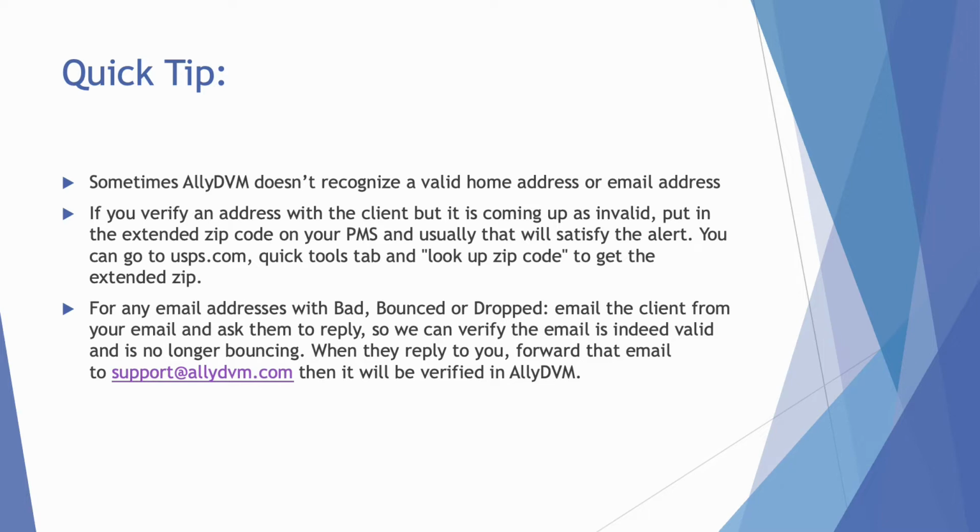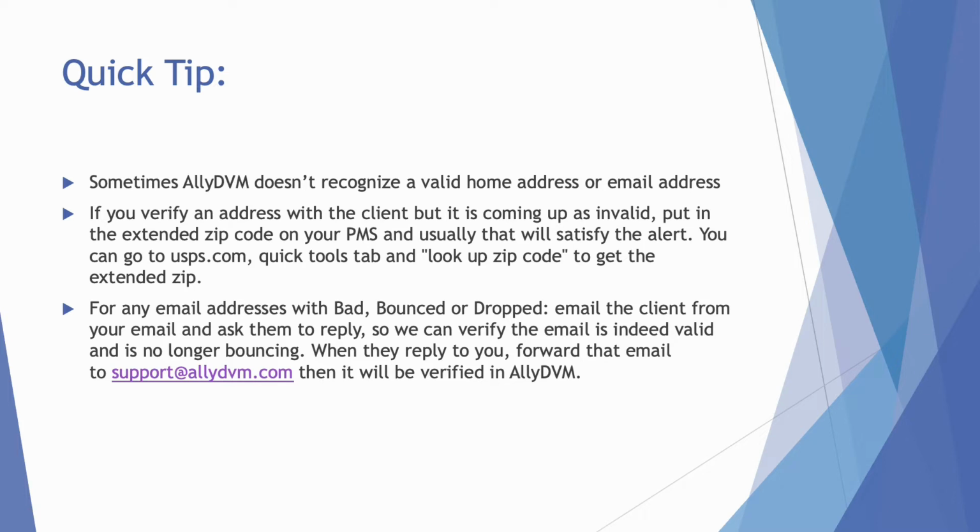So what you can do, if you verify an address with the client but it continues to show as invalid, put in the extended zip code in your practice management system, and that will 9 times out of 10 satisfy the alert. Most of the time, people don't know what their extended zip code is. All you have to do is go to USPS.com. There's a quick tools tab and look up zip code to get the extended zip and put that in your practice management system. That should satisfy that alert.